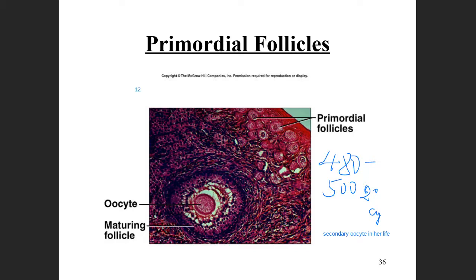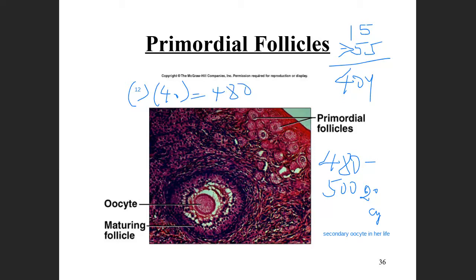Let's say she has her first menstrual period at 15, and usually by the time people reach about 55, she will be in menopause, having stopped menstruating, so roughly 40 years. If you take 12 times 40, that comes to 480 oocytes.